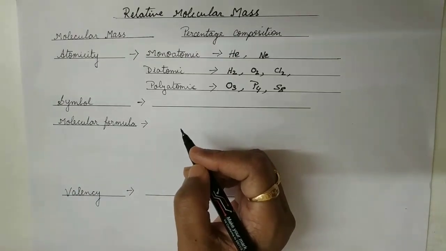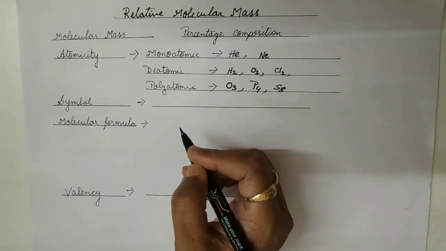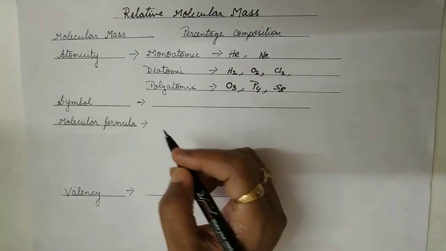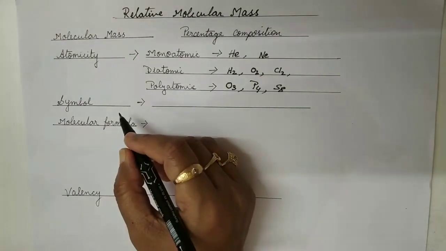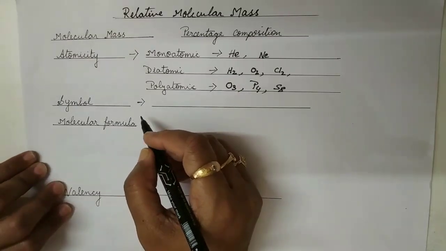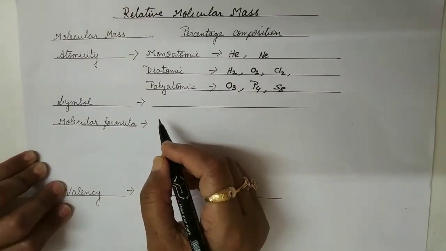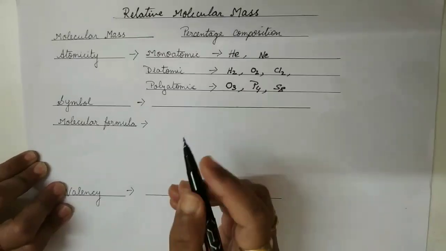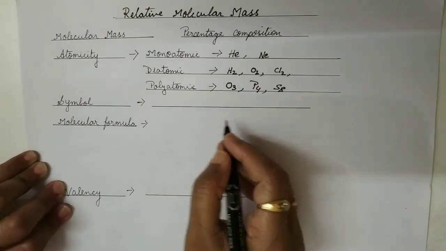Now the next topic that I would discuss, but very little, will be symbol. As you know, it is the short form that stands for the atom of a specific element.